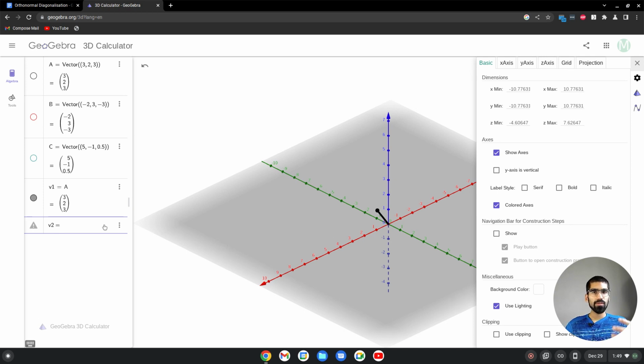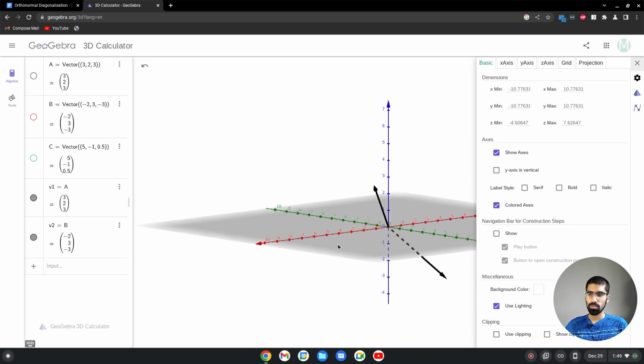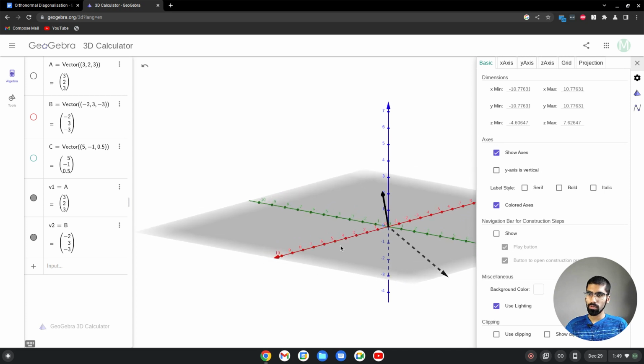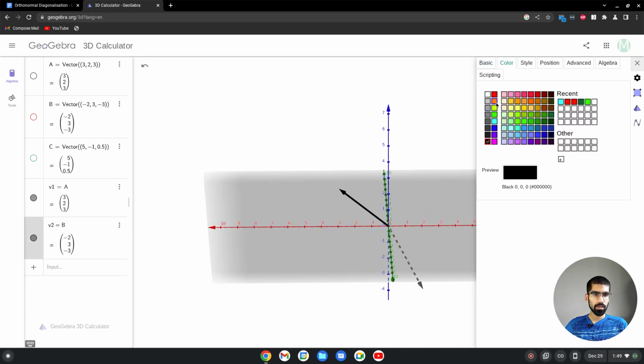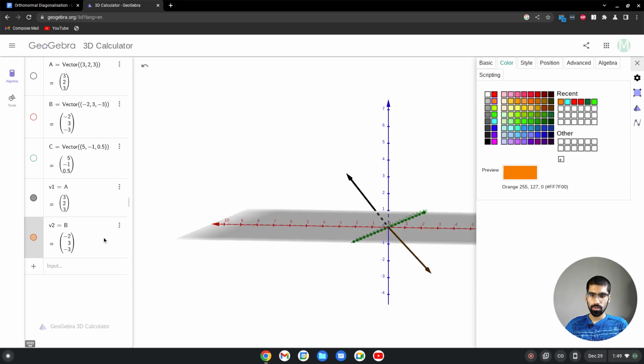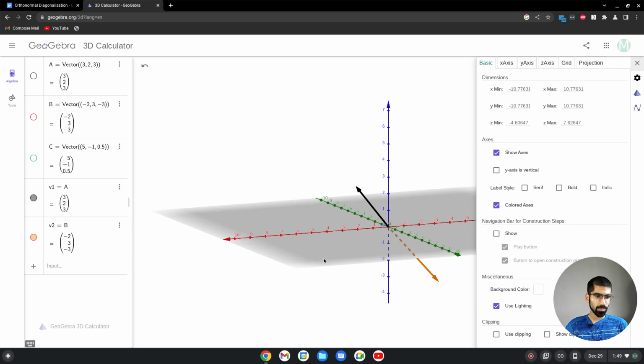Let's take our second vector in the set to be, well, we could try making it B, but then that doesn't guarantee that we have 2 orthogonal vectors. So what could we do instead? Well, how about this? So we know that perhaps B is not orthogonal to V1 because B and A might not be orthogonal.